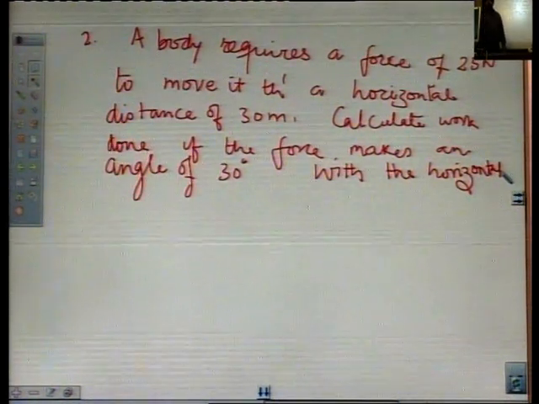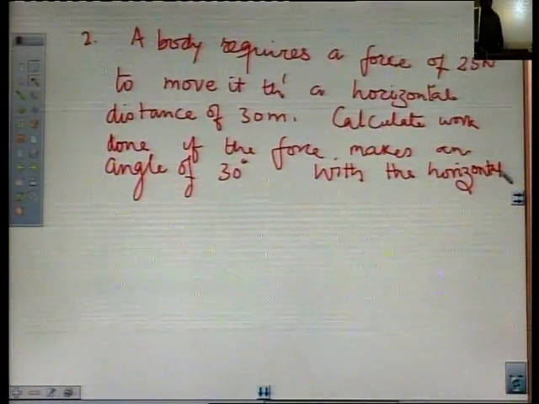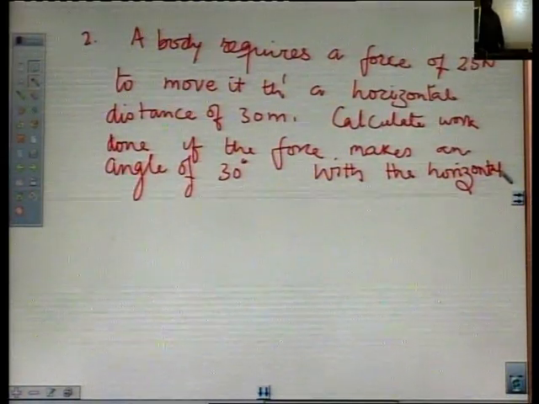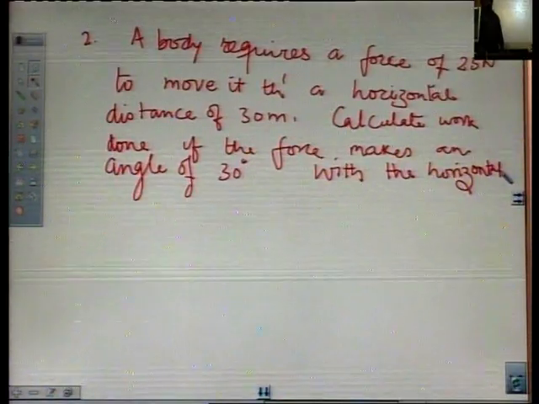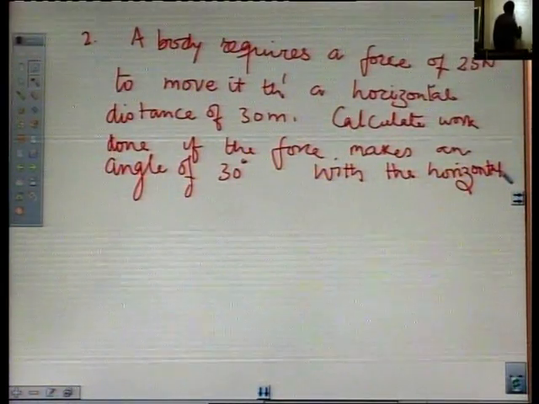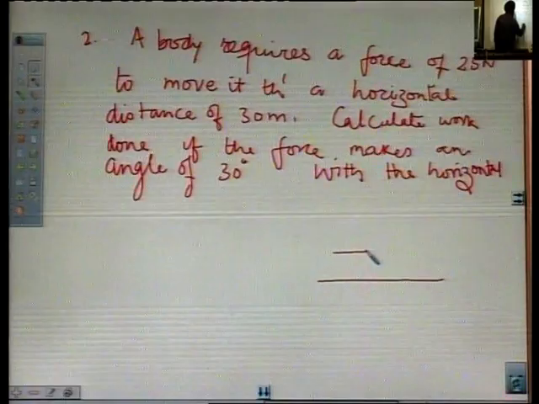So, here we are given the force, we are given the distance through which the body is to move, we have to find out the work done by the force, but the force is making an angle of 30 degrees with the horizontal.